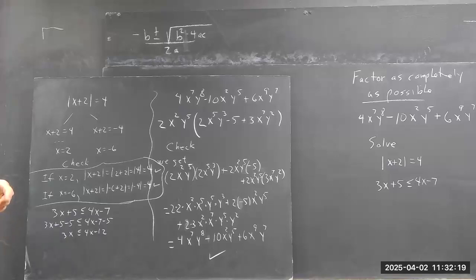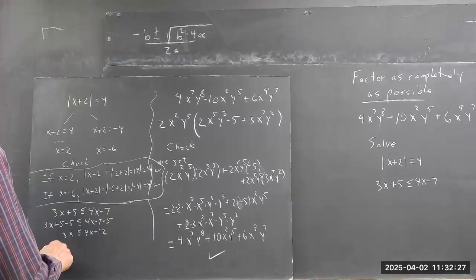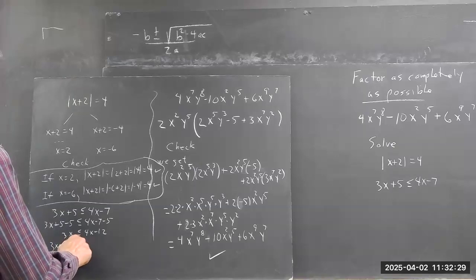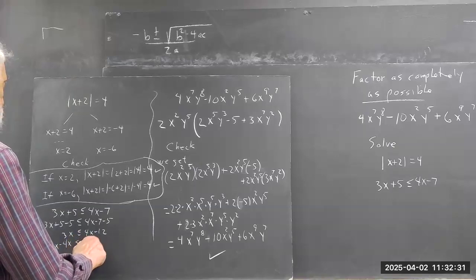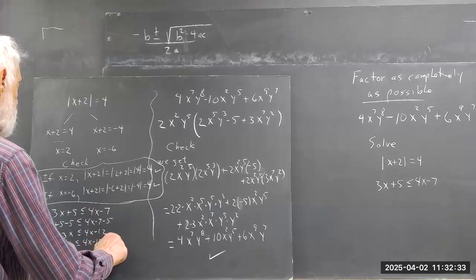Then we subtract 4x from both sides, because we've got to get all our x's on one side. We get 3x minus 4x less than or equal to 4x minus 12 minus 4x.